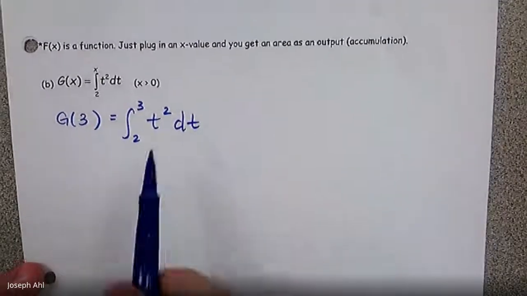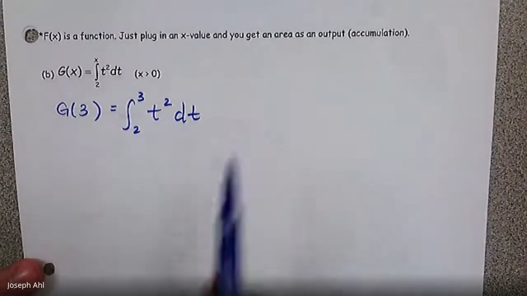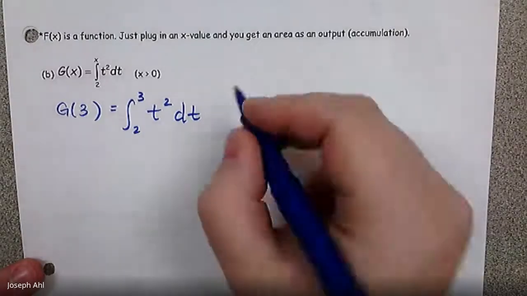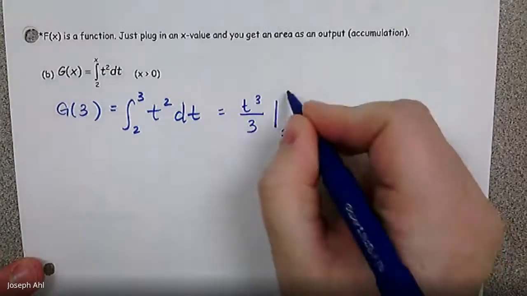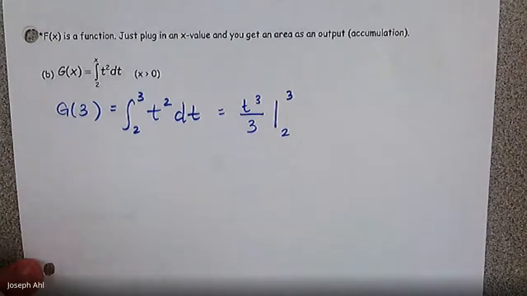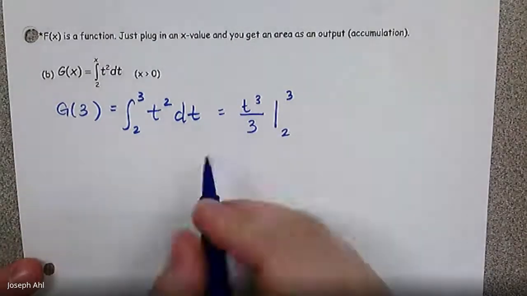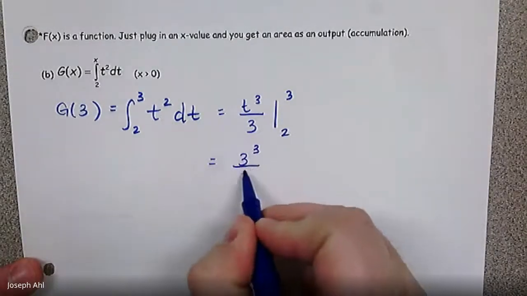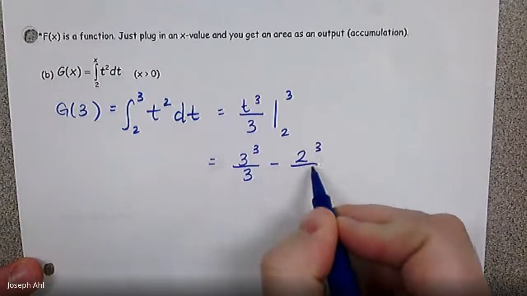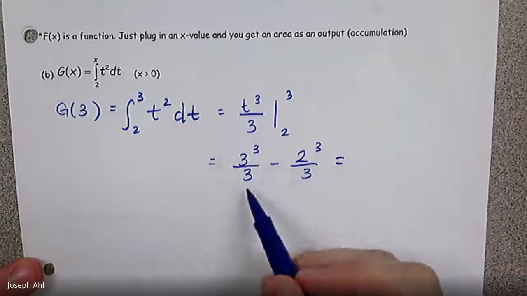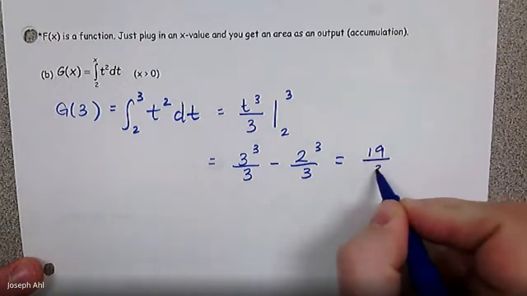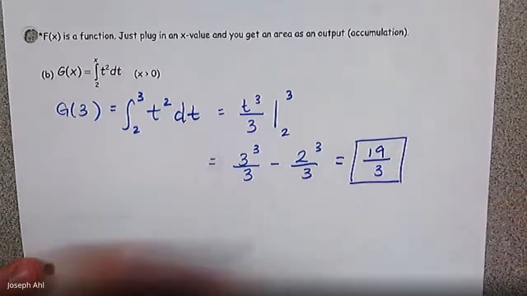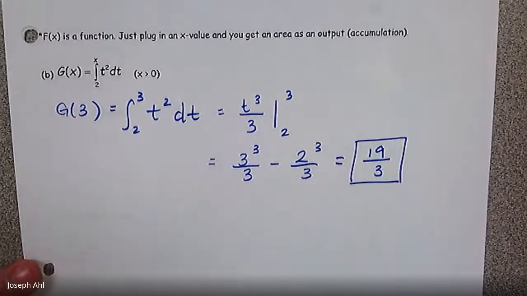Now, this is something that we know the antiderivative of, so we can use the integral evaluation theorem and say, hey, that's t cubed over 3. And if we plug in our upper bound and subtract our lower bound there, we'll get 3 cubed over 3 minus 2 cubed over 3. 27 minus 8 up in the numerator there would be an accumulated area of 19/3. Okay.